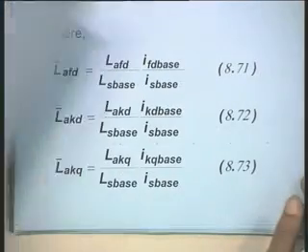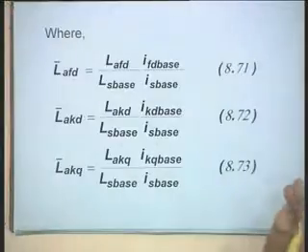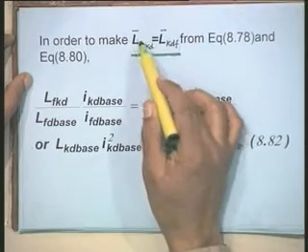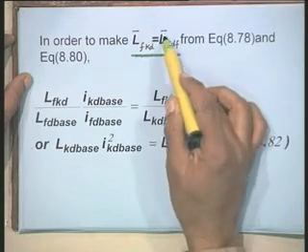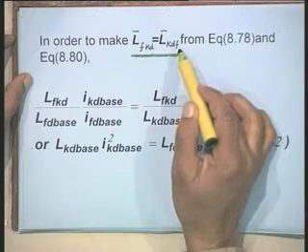Okay. Now, we will start first. Let us say that we want to make the per unit mutual inductance LFKD equal to per unit mutual inductance LKDF, right.